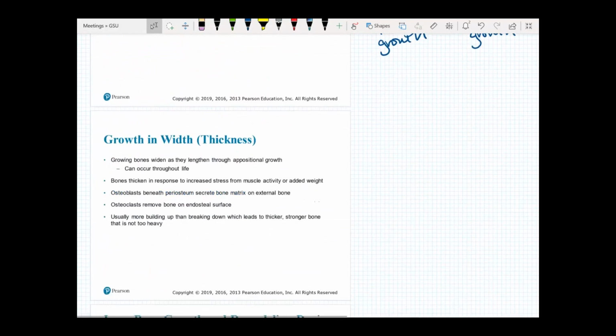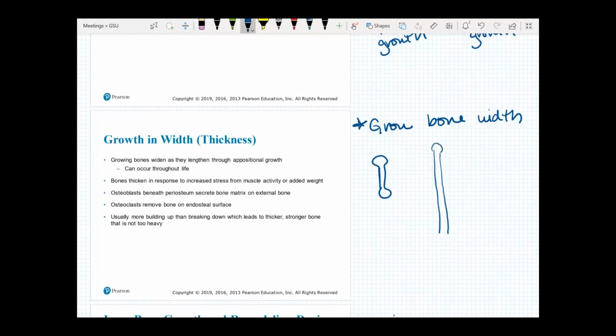Okay, so that was growing the length of your bone, but you can also grow bone width. So if you were just to grow the length of your bone from a 2-year-old to a 20-year-old and it maintained its same thickness, if this is your 2-year-old, and you maintain that same thickness as a 20-year-old, you essentially have done this.